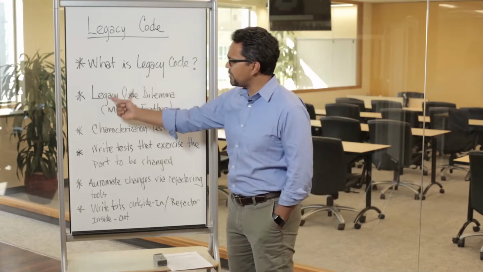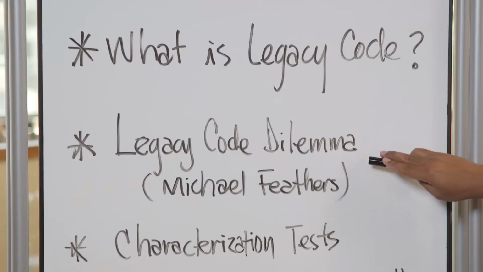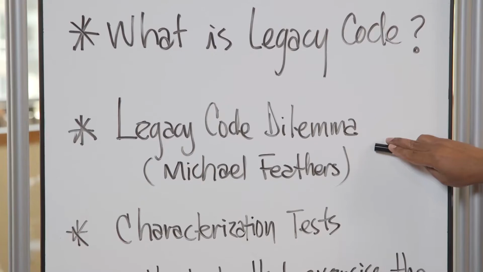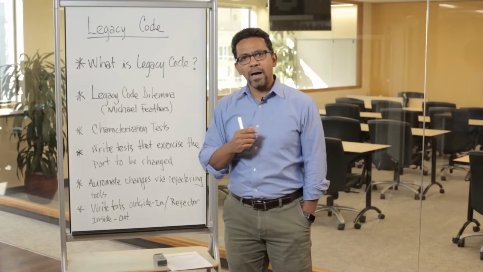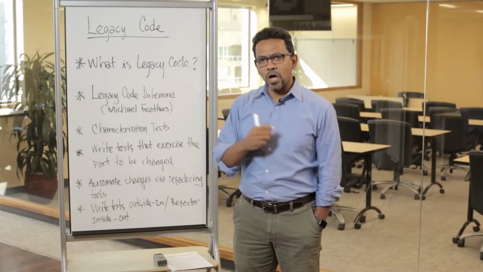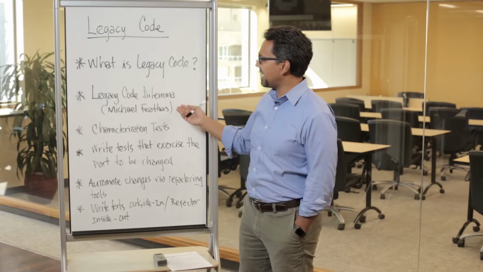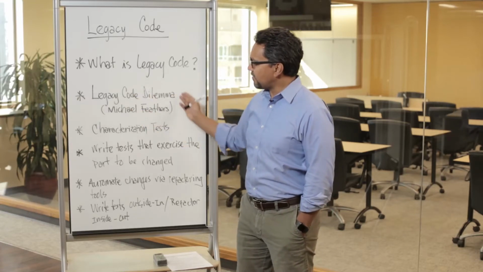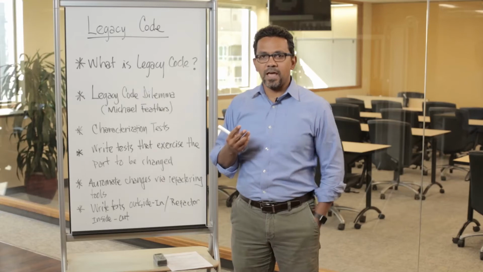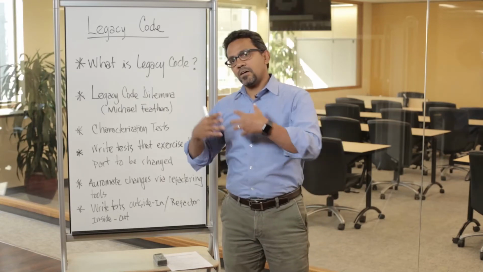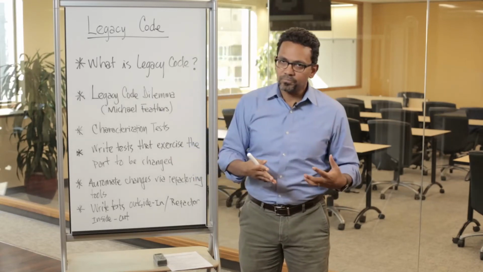The other concept that I usually go over is this idea of the legacy code dilemma. And this is something that Michael Feathers talked about in his book, Working Effectively with Legacy Code. Essentially what this dilemma means is that you now want to make legacy code more testable.